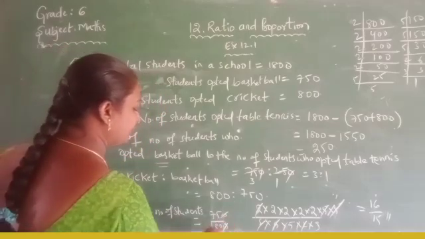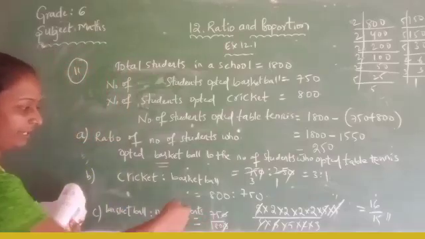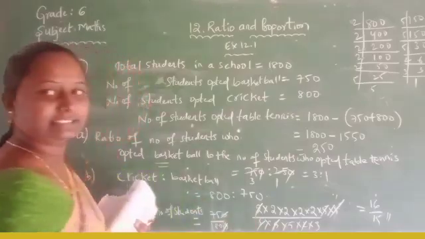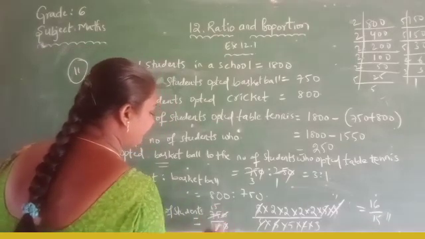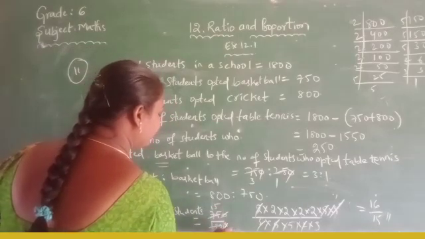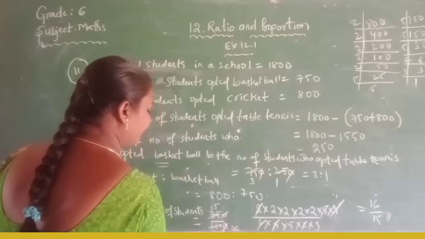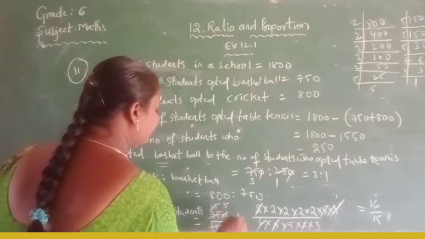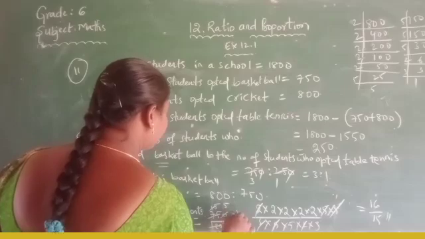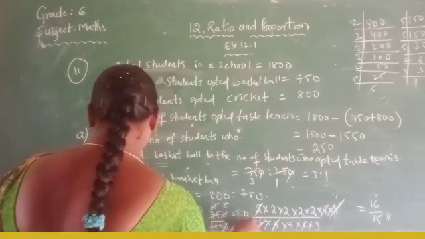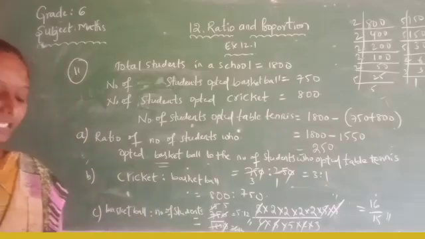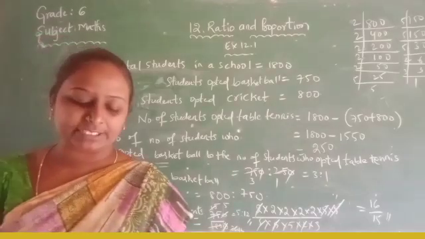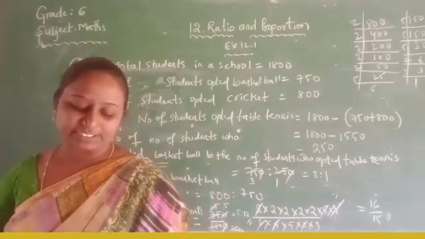You can simplify by finding the factors, the factorization method. If it is not divisible further, the ratio is 5 is to 12. Children, like this we can find the ratio of any problem.